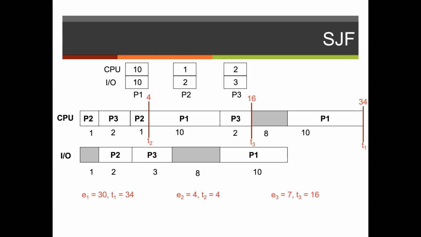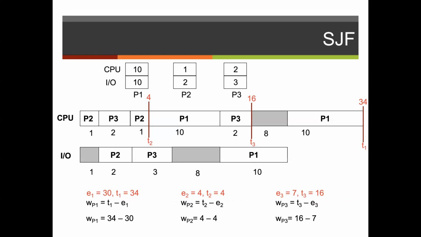And so when we consider execution and the wait times for each, we can calculate T1 minus E1. And so we have 34 minus 30 for P1, 4 minus 4 for P2, and 16 minus 7 for P3.